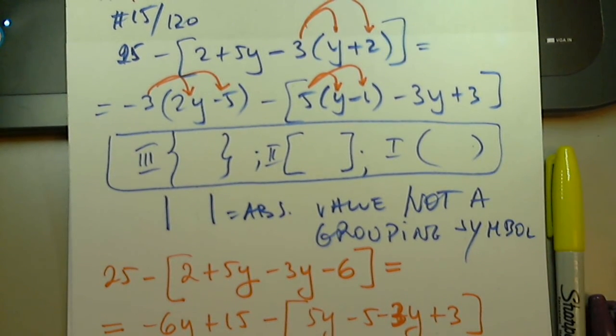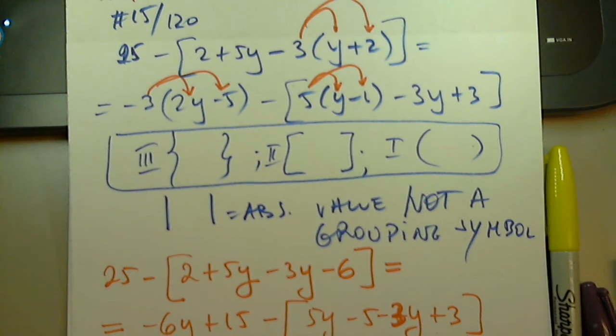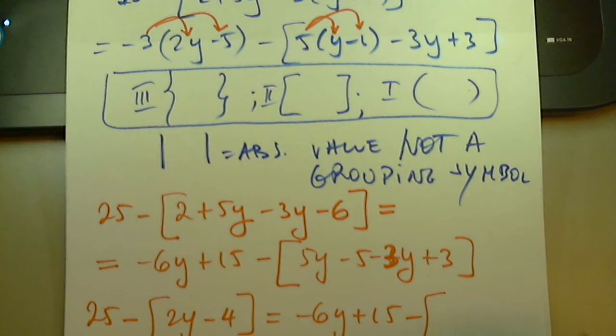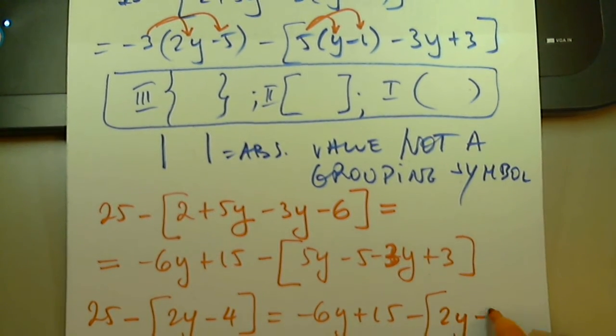Again, I reach the minus sign. And now I combine like terms in brackets. What do I get? Two y minus 2. Do we all agree with these steps so far? Yes? Okay. Now, at this point, I'm ready to eliminate brackets.